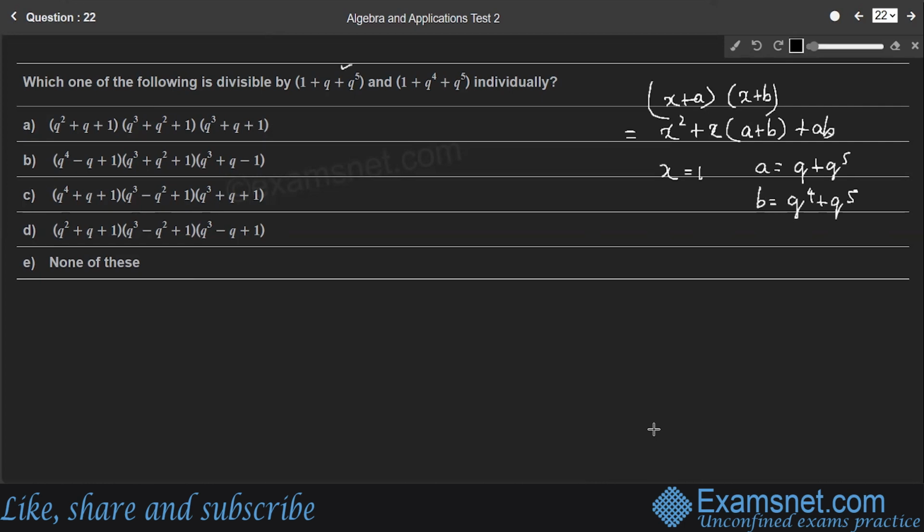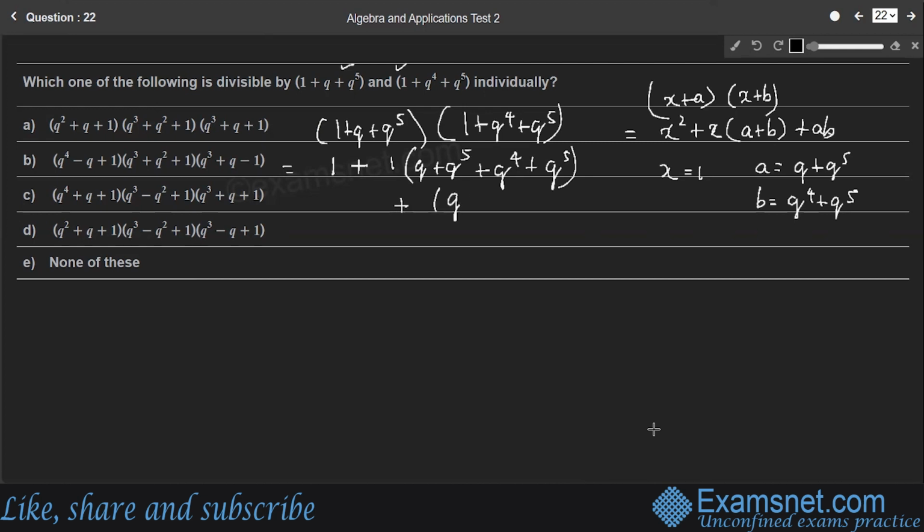So the product of the given two expressions is equal to, here x^2 is 1, plus x into (a + b), so 1 into (q + q^5 + q^4 + q^5), plus ab.